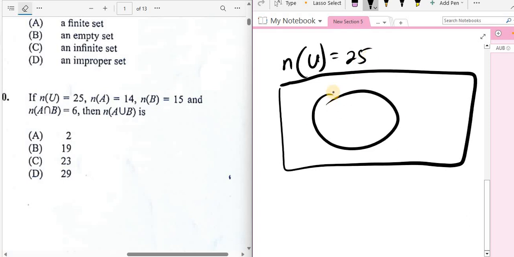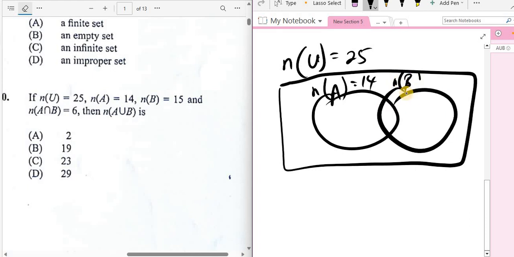The number of elements in A is equal to 14. The number of elements in B is 15, right? The intersection has about 6 here.